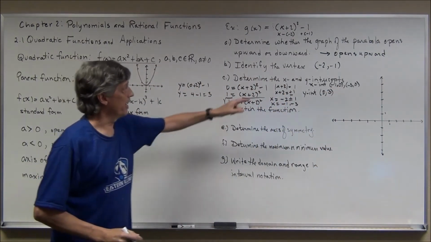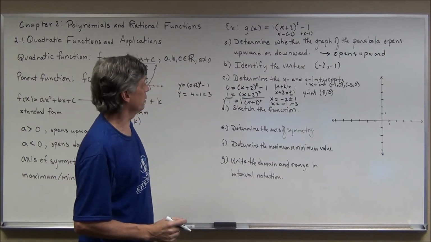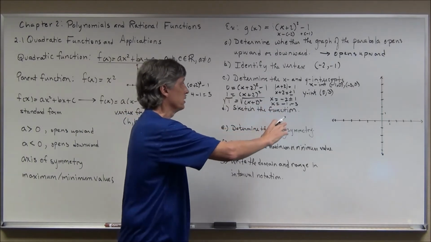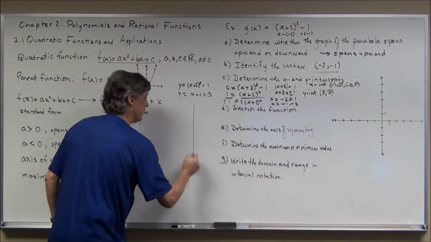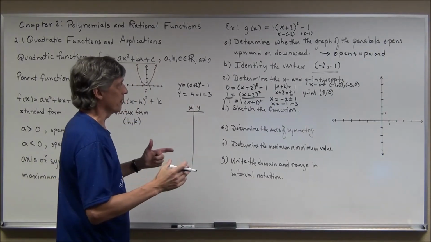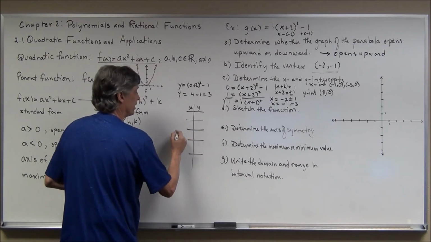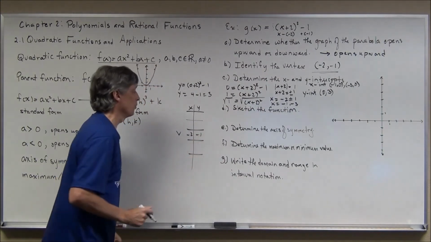Now I have a vertex, and I have 3 more points with my intercepts, and it asks for you to sketch the function. Those are all good points, but especially the vertex. I usually make a t-chart, and I want 5 points to get the shape of my curve. So I will have the vertex in the middle, which is negative 2, negative 1 for the x and y.